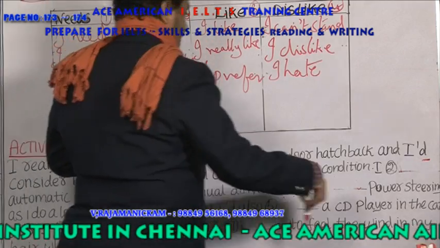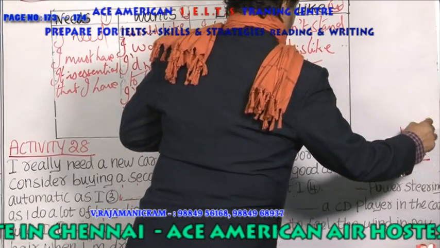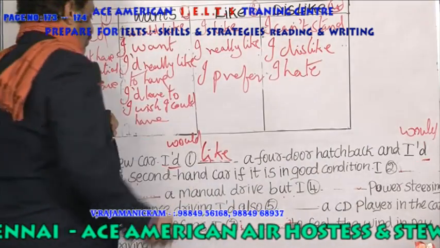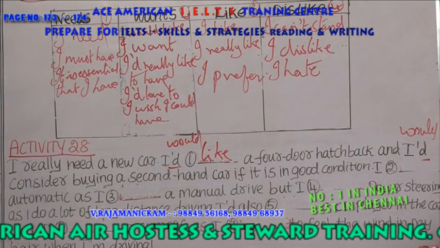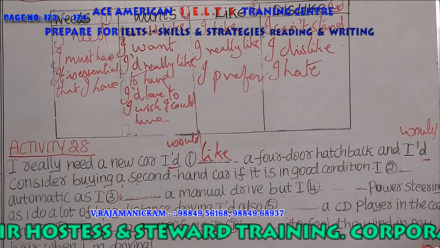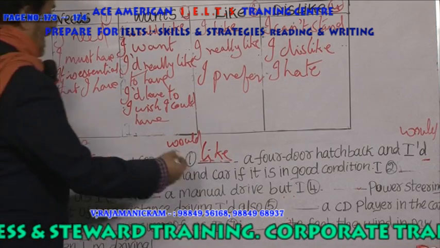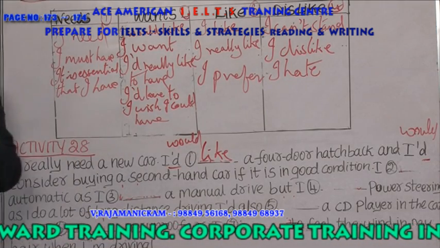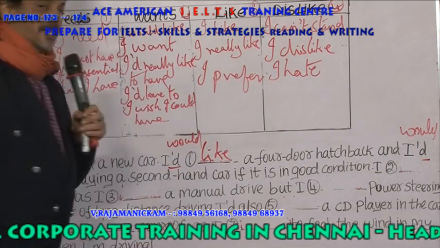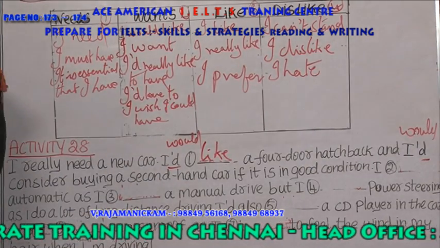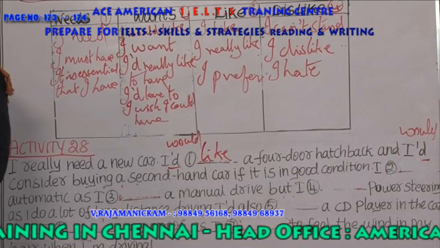Because no past participle is there. If it is liked, then it should be had. Here, consider, no considered is there. So, I would consider buying a second-hand car. He wants to go in for a second-hand car if it is in good condition. I'm going to buy the second-hand car.